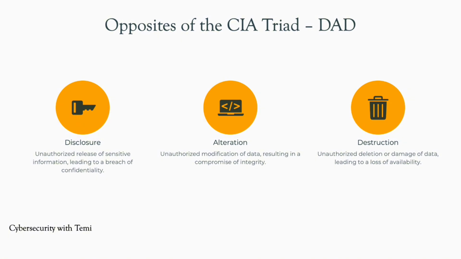We have CIA, we have DAD. Disclosure refers to unauthorized release of sensitive information, which directly impacts confidentiality, while alteration involves unauthorized changes to data and undermines integrity. Lastly, we have destruction, which is the loss or unavailability of data due to deliberate or accidental damage.